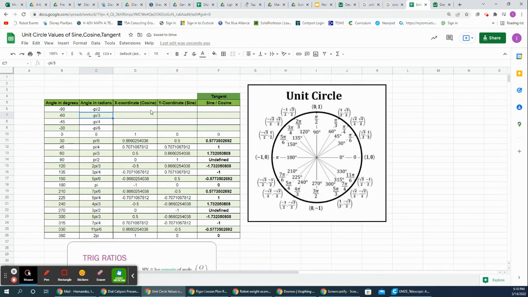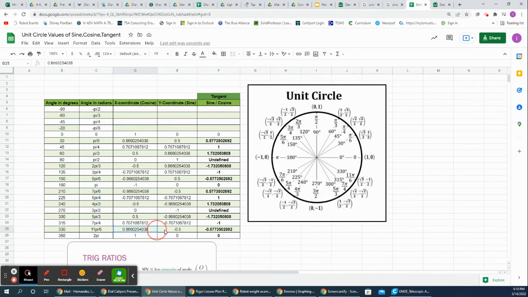Okay? All right, so now you're probably thinking, what are these values going to be for my negative 30, negative 45, negative 60, and negative 90? Well, remember, negative 30 degrees is the same as 330, or 11 pi over 6, right? So this one here, negative 30 degrees, we're essentially going to use the same values for 330 degrees.